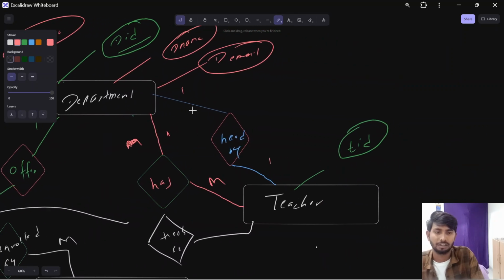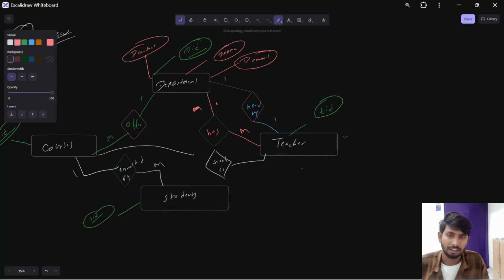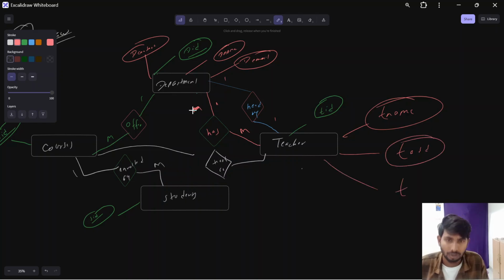For teacher, teacher has T name, the address, TID which is the primary key, the contact number, and the salary.